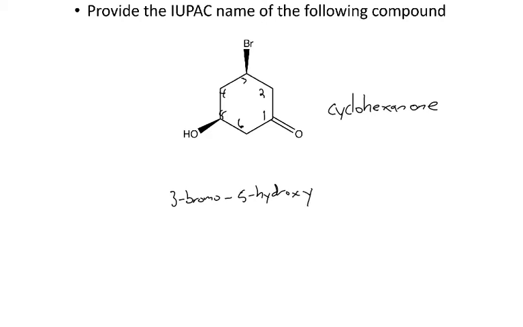We talked about this with carboxylic acids because they have to be on the end. The 1 is understood. Again, in this case, because the ketone has the highest priority, it's understood to be number 1. So generally, we'd leave off the number of the ketone. And so then it would just be cyclohexanone.